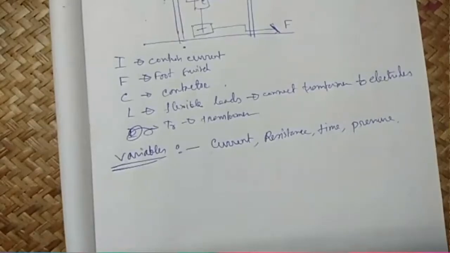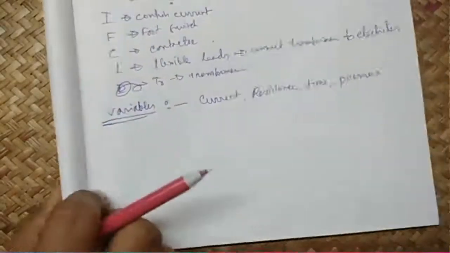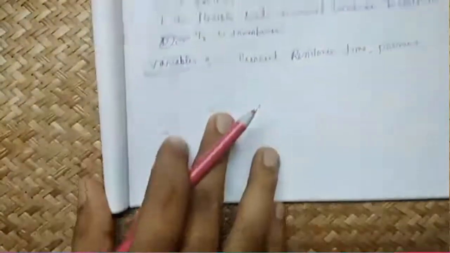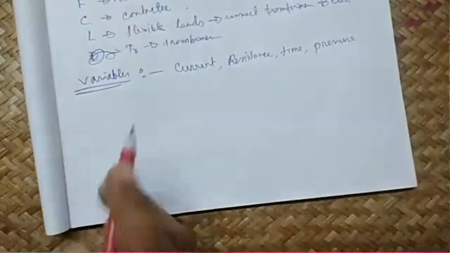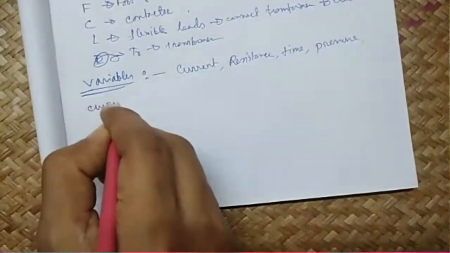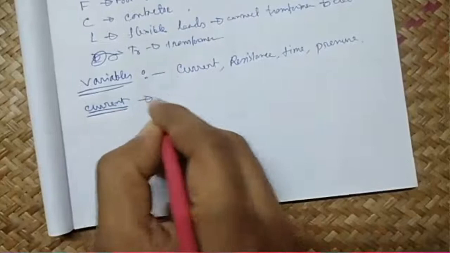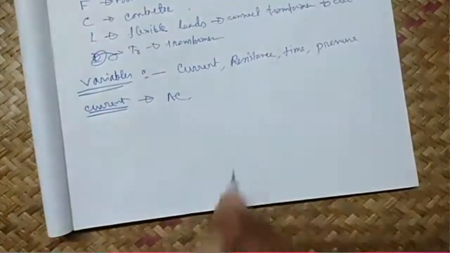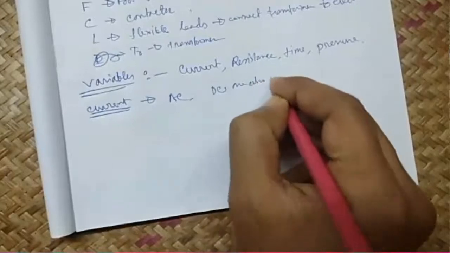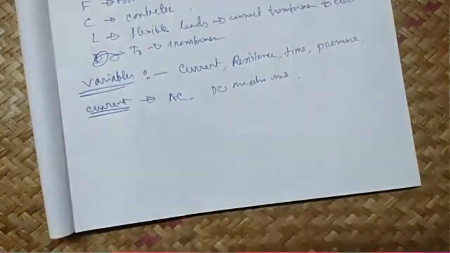Now, for current, normally we use AC, but DC is also used, mostly AC.